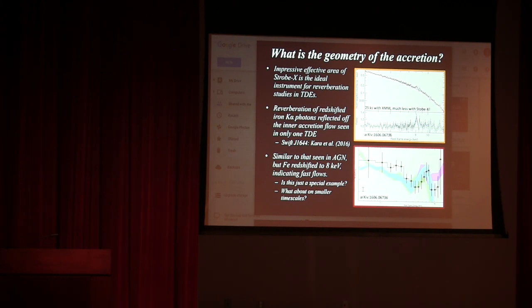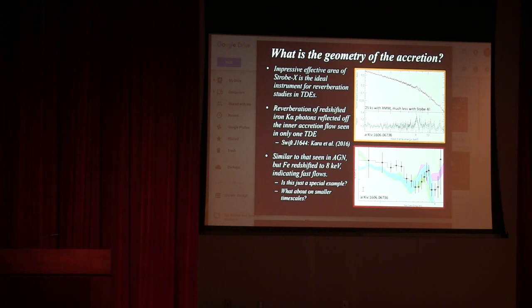The impressive area associated with STROBE-X is ideal for studying reverberation in AGN, but exactly that type of study can be applied to TDs. I think this is a really nice window where STROBE-X can really shine for tidal disruption events.